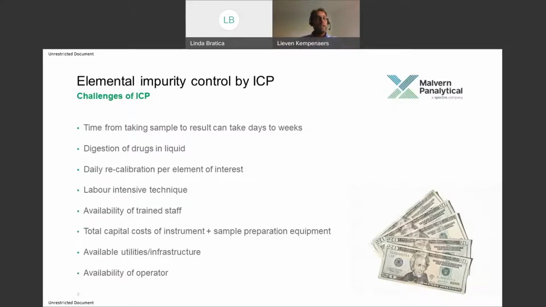And also the availability of the operator. Once the operator is working on an ICP, or working on the sample preparation, he cannot do anything else. So he's fully booked, one operator for one ICP on average.